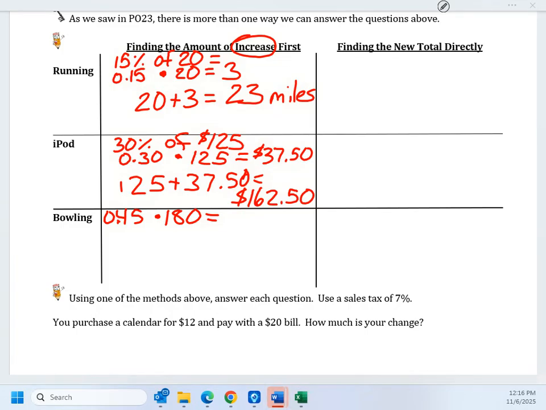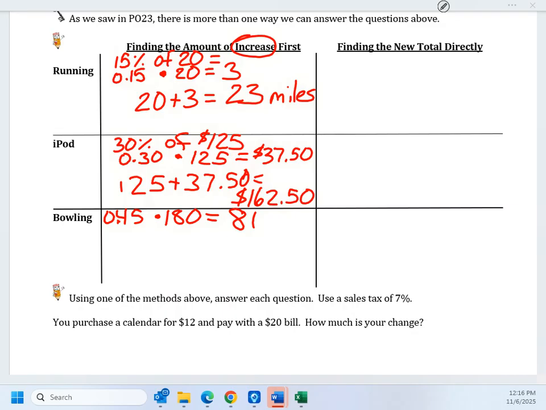What increase would that be? What is 45% of 180? I see calculators out. Who knows? Joe? 81. So what's my second step? How do I find my answer? What goal score should I have?